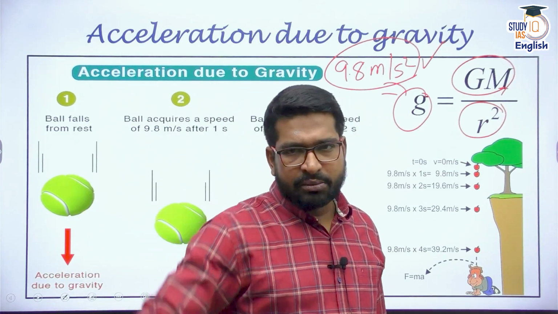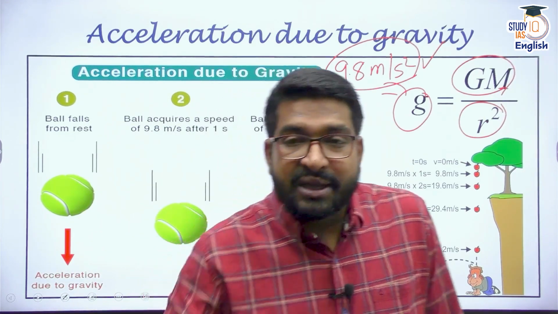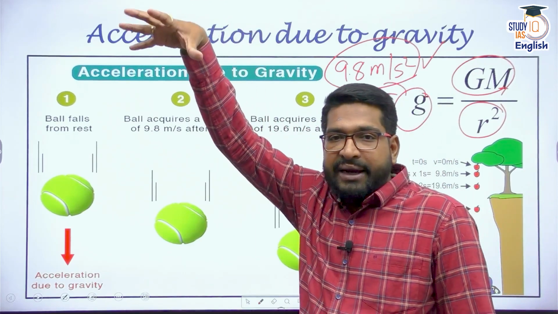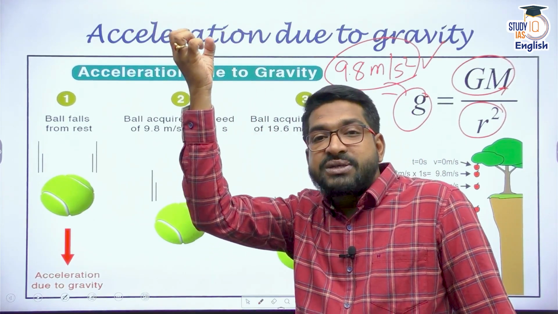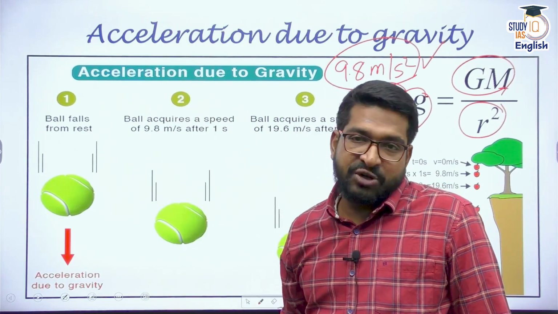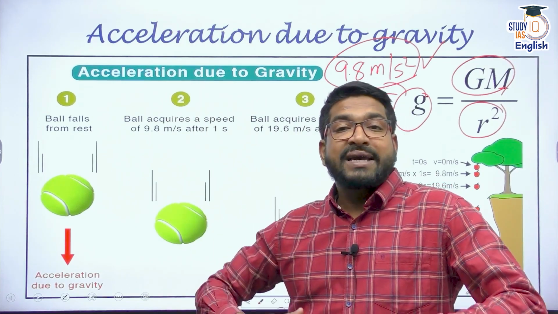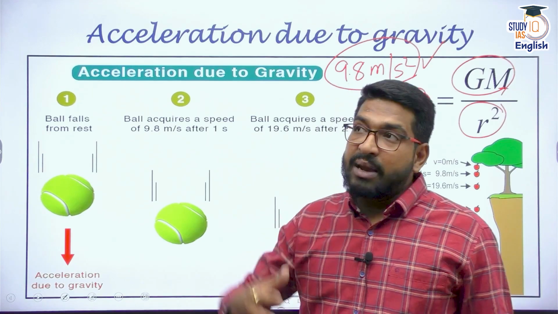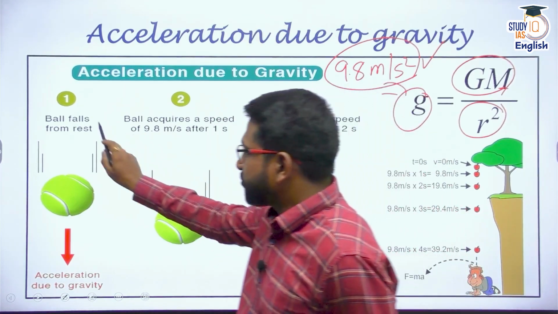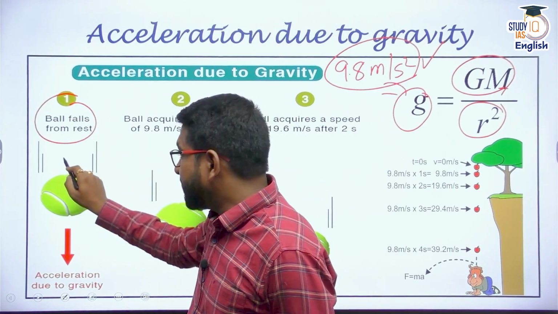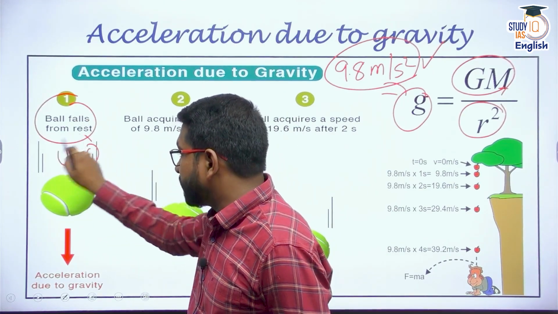What does this mean? This means that if I drop anything from a height, Earth is attracting that particular body with some kind of force, gravitational force, and because of which the body is accelerating. With more time, with more height, its velocity increases. For instance, if I drop a ball which is at rest, meaning its initial velocity would be 0.